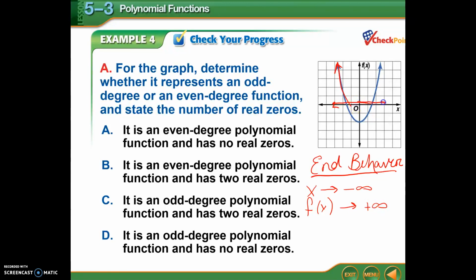And what's it doing on the positive side, or the right side of the graph? Again, my graph is going up. And then number of real zeros, there are 2 real zeros. And this is an even graph because it ends both up.